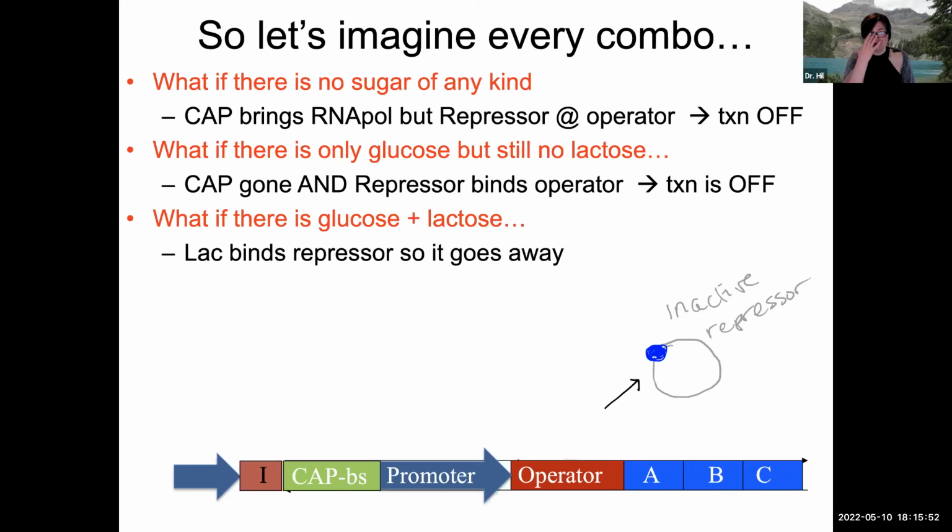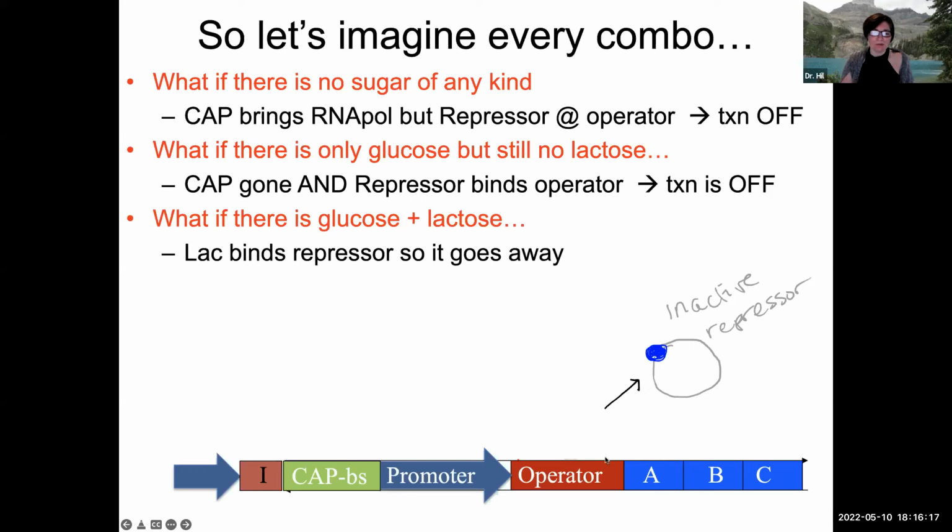CAP is not active. Okay, so it's not bound to the CAP binding site. So the lights are off at the airport. This is a bad promoter. Is RNA polymerase here or no? Did RNA polymerase land the plane with the lights turned off in this bad airport? It did not. Okay, so we don't have RNA polymerase. Phew.